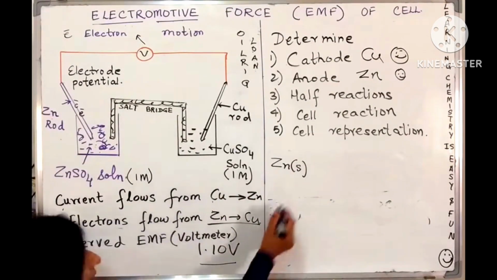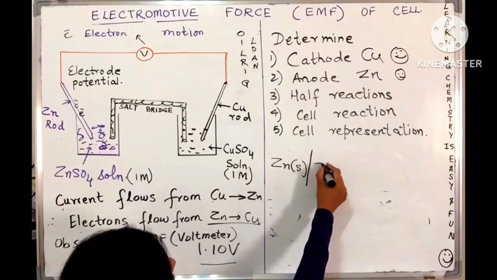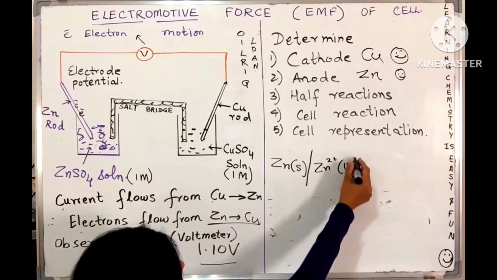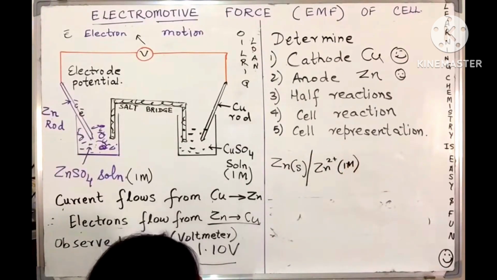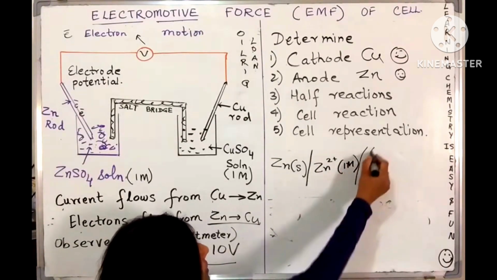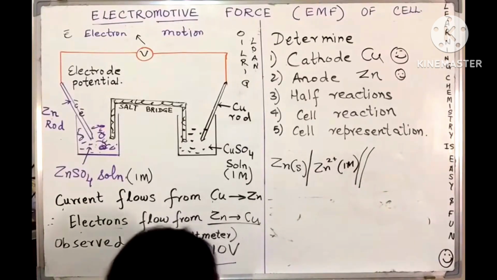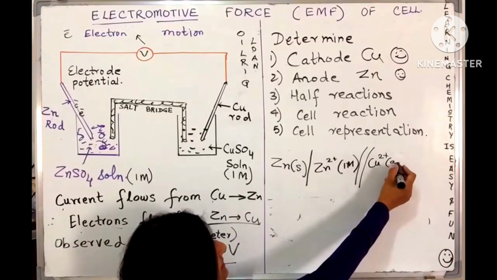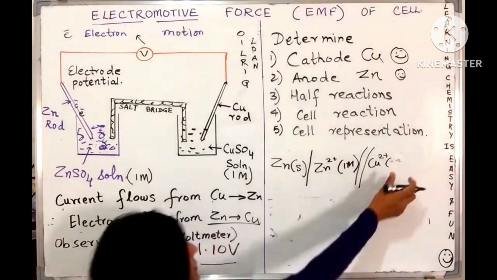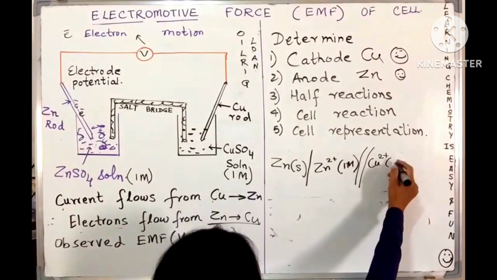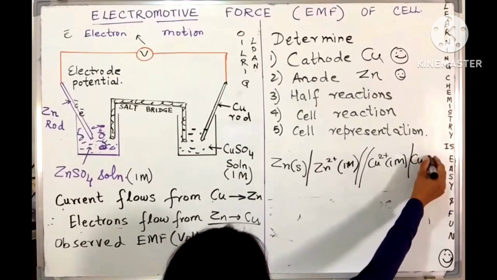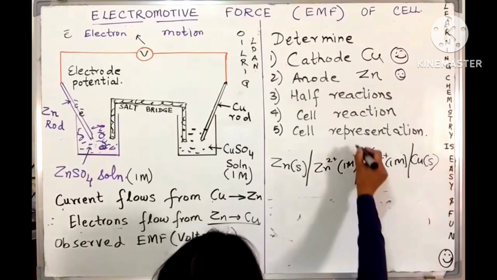So zinc solid, zinc ions, 1 molar concentration, right? Salt bridge, double slash, copper ions. Sorry, we will have 1 molar concentration over here. So 1 molar in contact with copper solid.